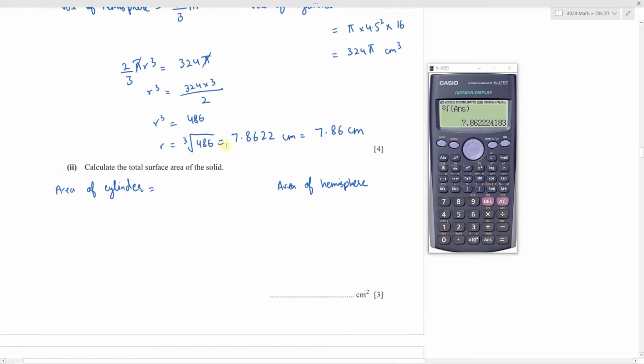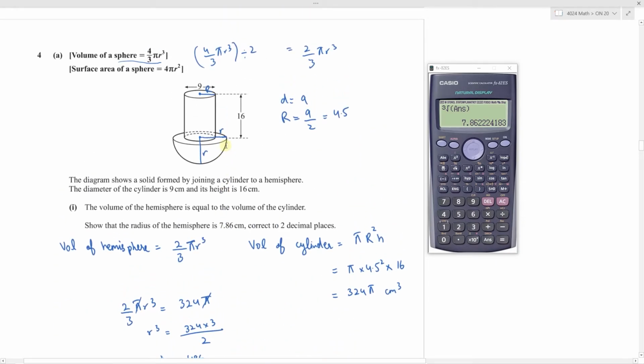So if I go back up, let me erase this. So area of cylinder is this whole curved surface area plus this top side, which is a circle, and we will ignore the bottom side since that is not part of the external surface area of this overall solid.